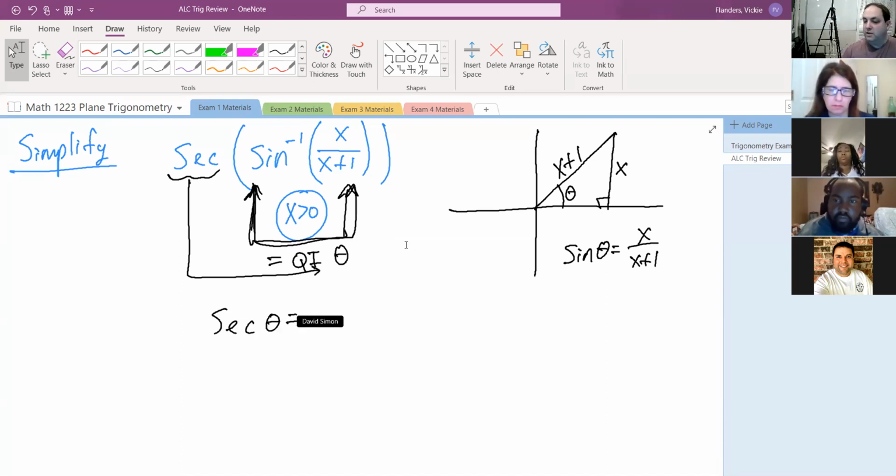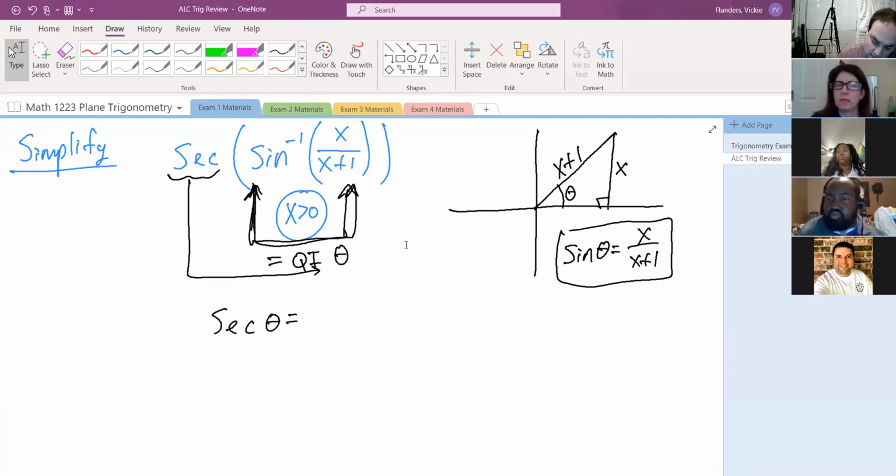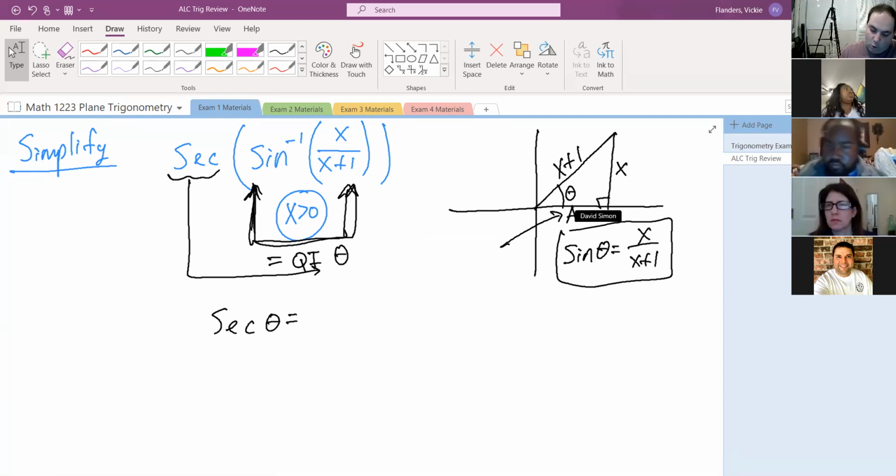That's really all we're answering here. We're finding out what the secant value is, given this particular triangle where the sine value is x over x plus 1. To do that, I just need some representative over here for the adjacent side. I'm going to say that it's capital A for a moment.